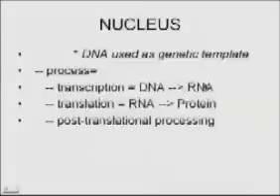The initial message, the initial transcript RNA, has to be processed so that you have an RNA that can be used to be translated into a protein, and then the protein has to be processed so that you get a functional protein. So we will look at this protein synthesis in more detail in a subsequent lecture.